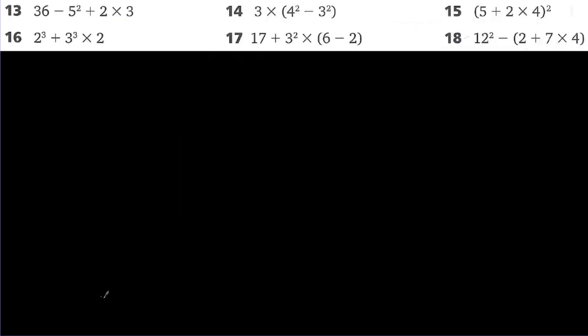Okay, let's continue. Here there are more exercises. I said first we should do exponents in the BEDMAS rule. Firstly, we should do the exponential operation, then addition and subtraction. Here, 36 minus 5 squared, which is 25, then plus 2 times 3.